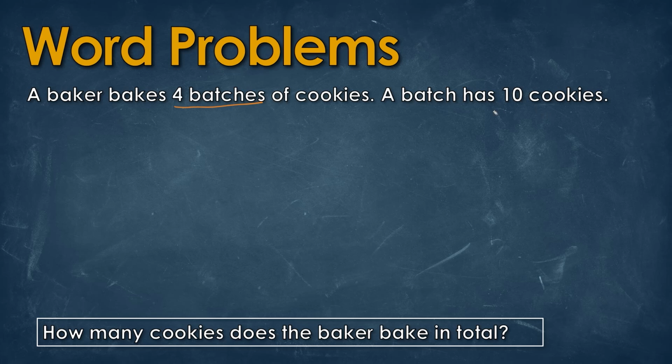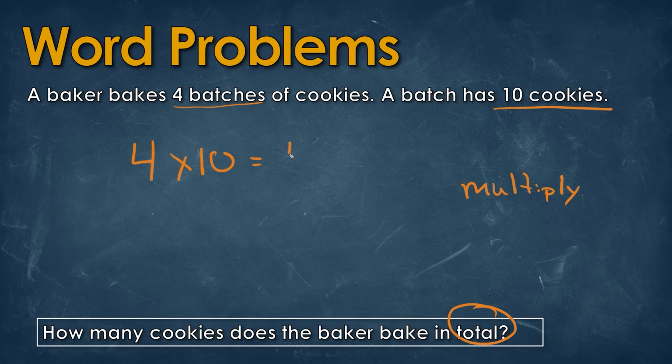A batch has 10 cookies. How many cookies does a baker bake in total? I think it's that word total that is going to help us out. And if you remember, total is going to be multiply. So we are going to multiply these two numbers together. 4 times 10, that's going to equal 40.